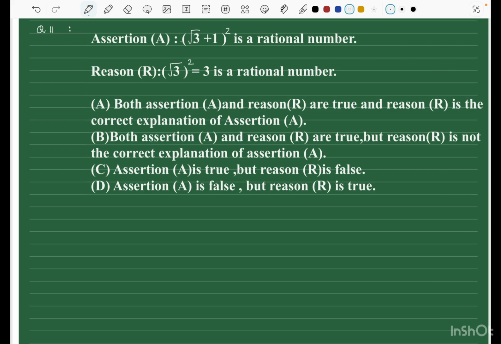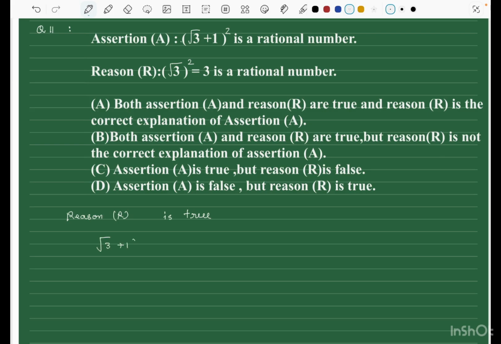So first we have to check both assertion A and reason R. Reason R is true, since root 3 all square is always 3, and 3 is a rational number. So the reason R is true. We have to check whether assertion A is true or false.